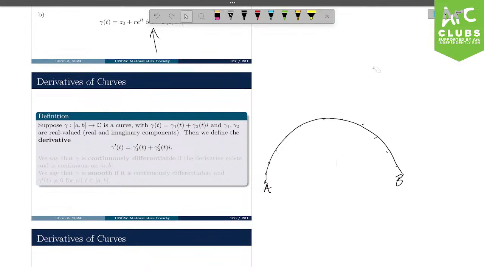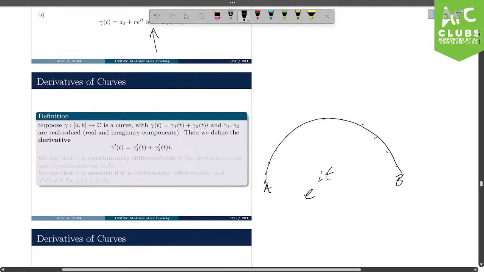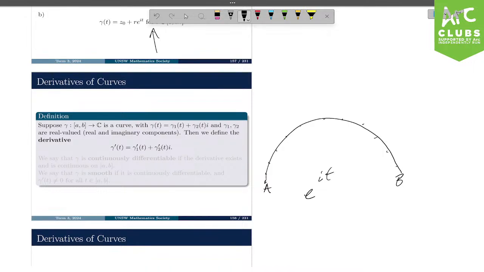But the derivative becomes important because if I parameterize this circle such that, okay, let's just use e to the i t as my parameterization. I go from 0 to pi, okay? Fantastic, that works. I go from B to A, 0 to pi.